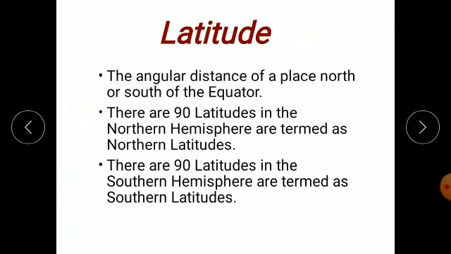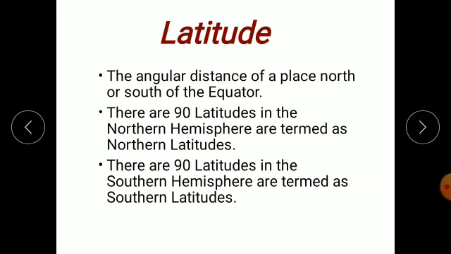Now students, let's know the latitudes. A latitude is the angular distance of a place north or south of the equator as measured from the center of the earth. All latitudes are circles which are parallel to the equator.